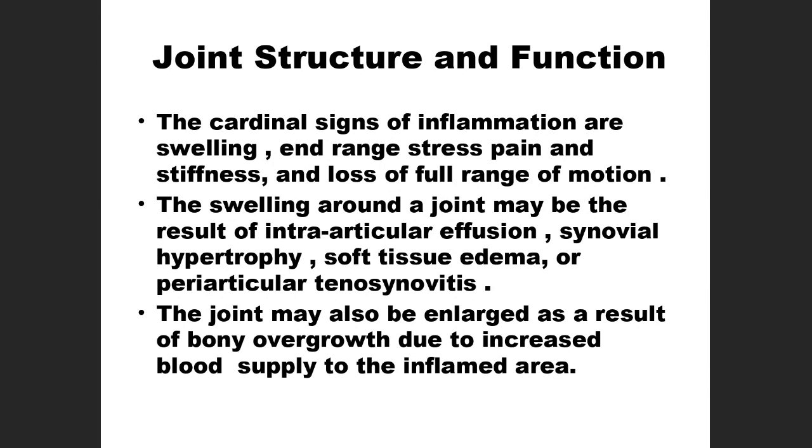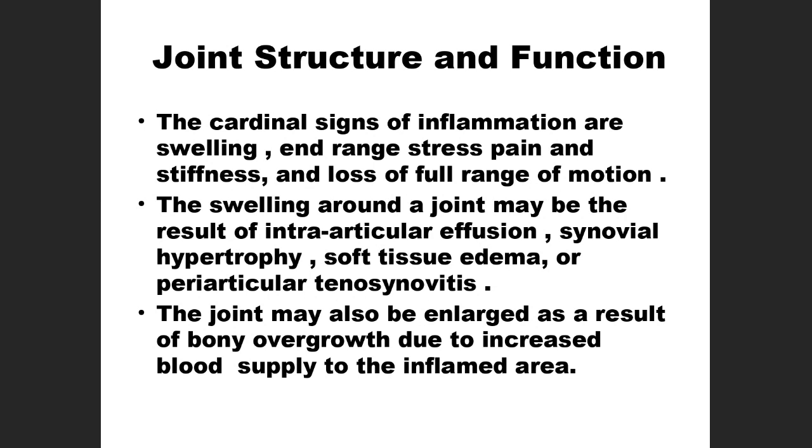Because of this inflammation happening in the synovial membrane, it gets more blood supply, grows and becomes thicker in nature. That is called synovial membrane hypertrophy, synovitis, inflammation of the synovial membrane.